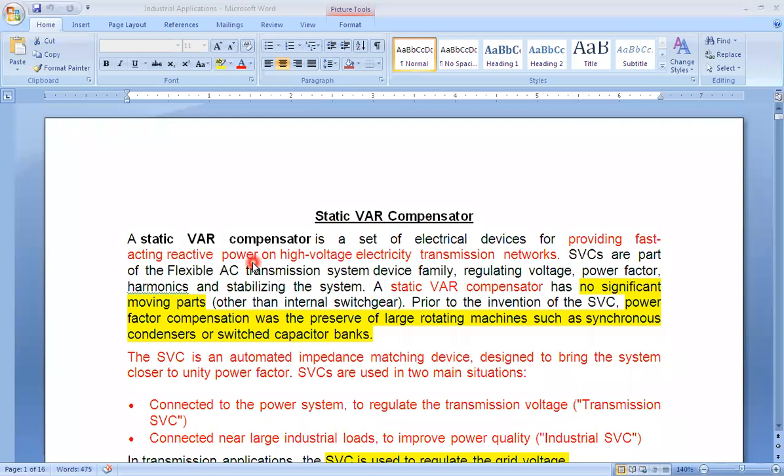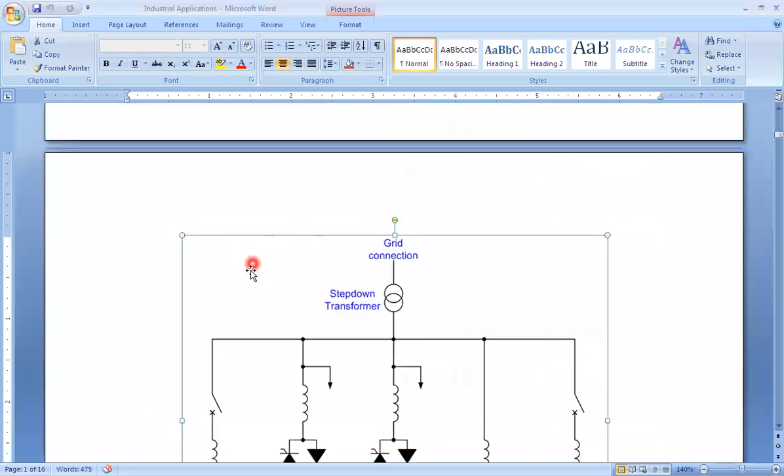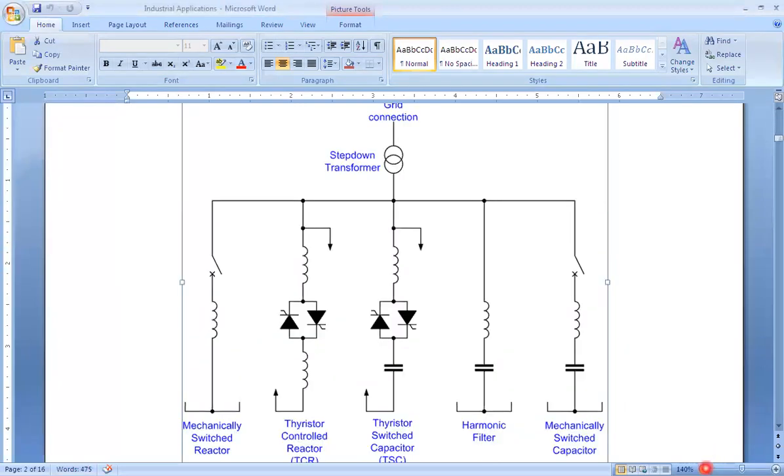So this is the circuit diagram of the static VAR compensator.